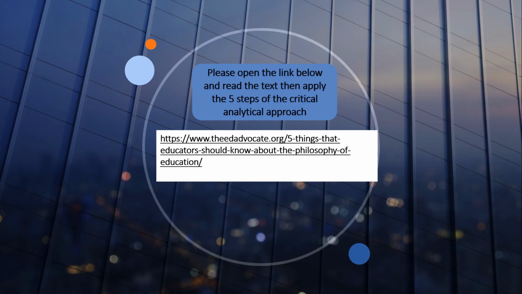Now, please open the link below and read the text, then apply the 5 key steps of the critical analytical approach. This is a very important article about 5 things that educators should know about the philosophy of education. Enjoy your criticism and your analysis of this valuable text and valuable article.